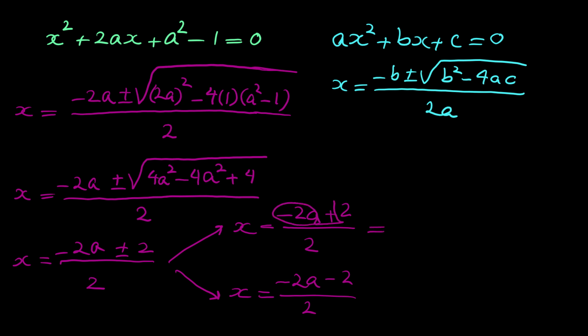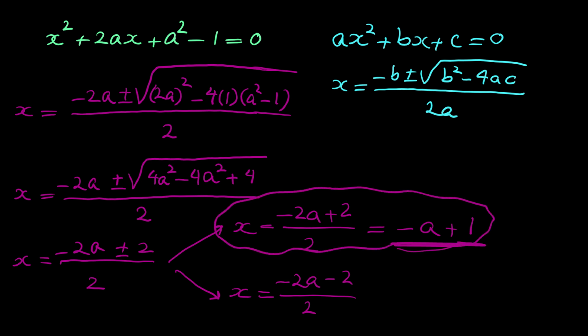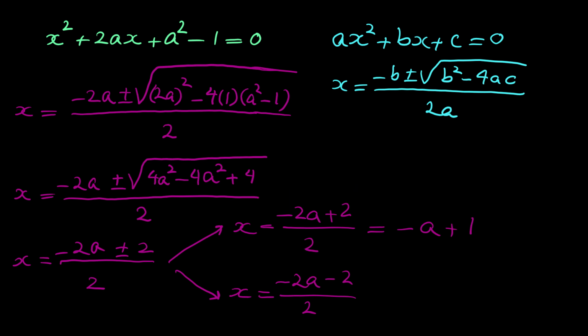If we divide the terms in the numerator by 2, then we have negative 2a divided by 2 is negative a. 2 divided by 2 is 1. So that one answer is negative a plus 1. The other answer is negative a minus 1.